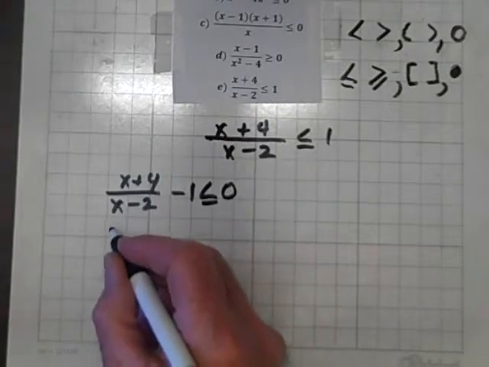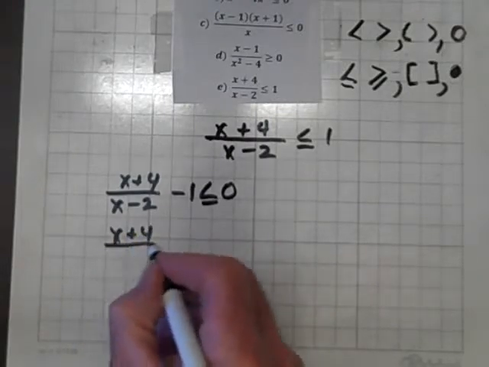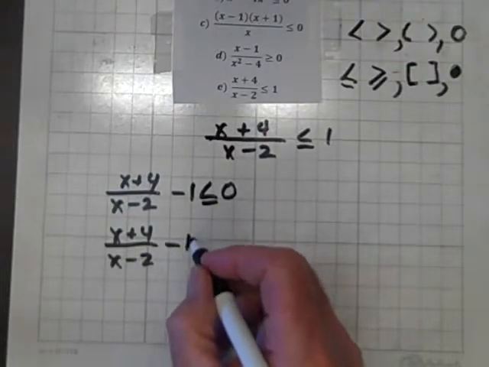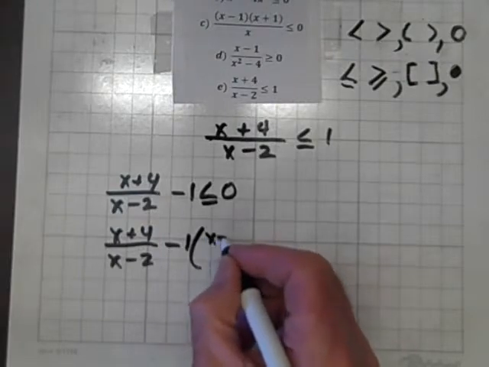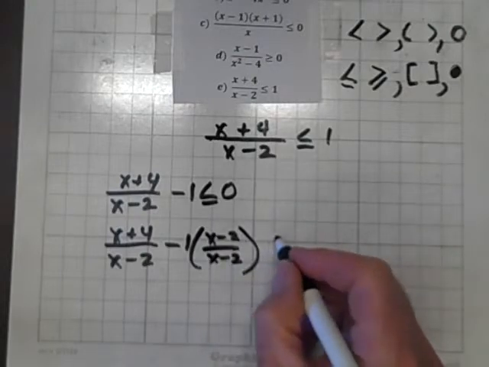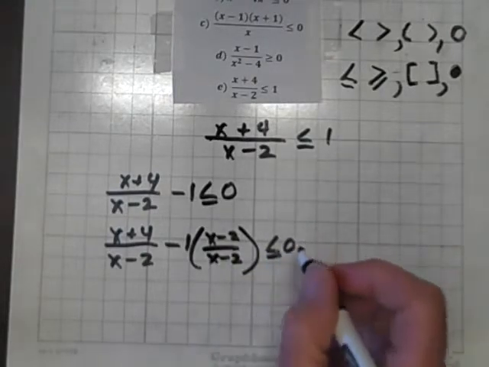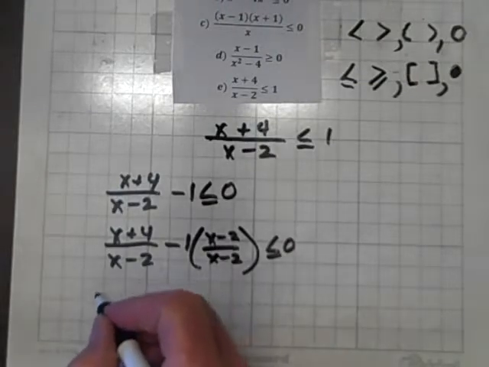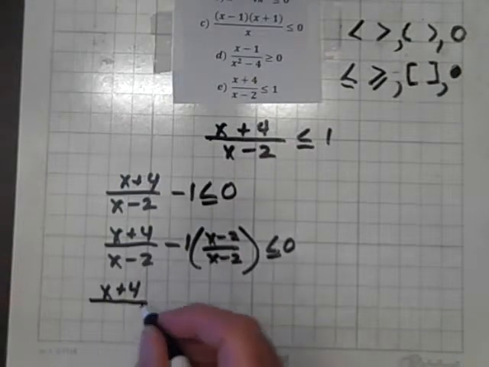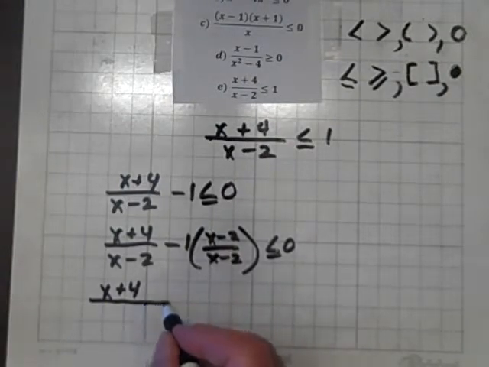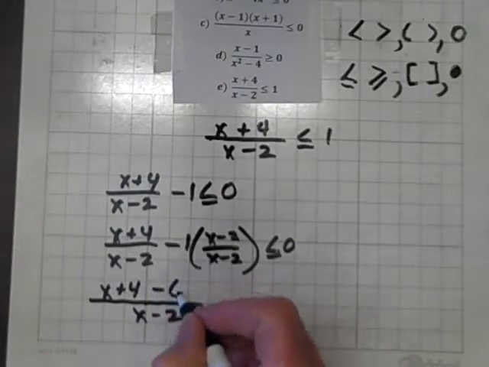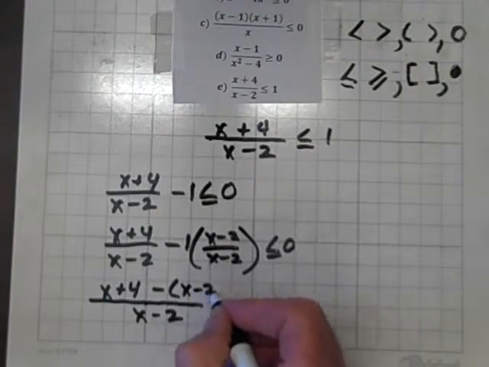So we have x plus 4 over x minus 2 minus 1 times x minus 2 over x minus 2, which gives us our common denominator. So now we have x plus 4 over, and we're going to have that common denominator, x minus 2, and now we have minus times x minus 2.